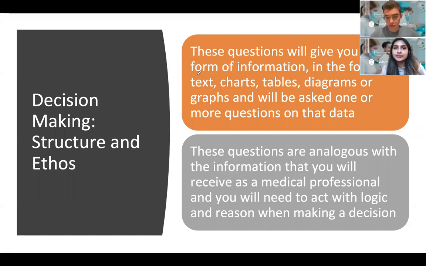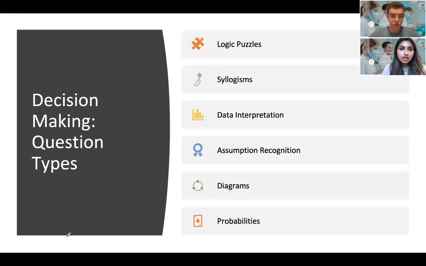These questions give you information in the form of text, charts, tables, diagrams, or graphs. So there's lots of different formats that this question can be in. The questions have data that you have to be able to answer and depict. This will be really helpful as a medical professional, because you'll need to add logic and reason when making a decision, especially in an emergency.